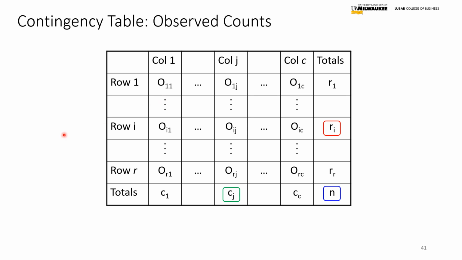If we were to add across a row, for example row i, we add all these observed counts, we would get R_i, the row count, the row margin. If we were to add down some column, let's say column j, all the counts, we would get a column count or a column margin, in this case C_j. And if we were to add everything up, whether all the O's or add down the row margins or add across the column margins, however you want to add them up, you'll have the total sample size N.